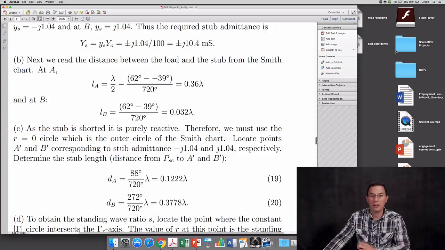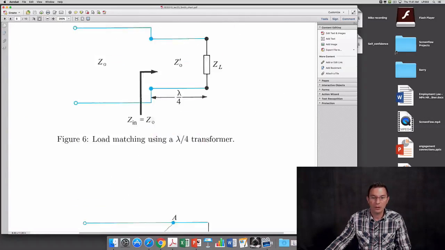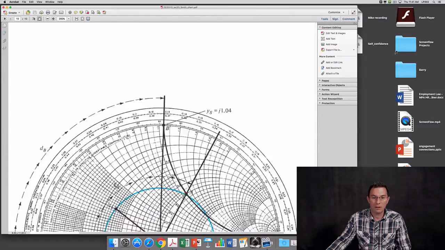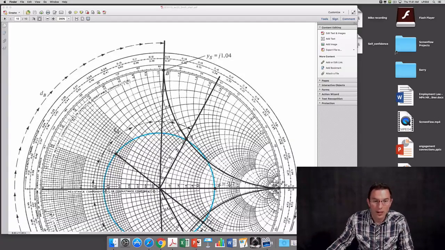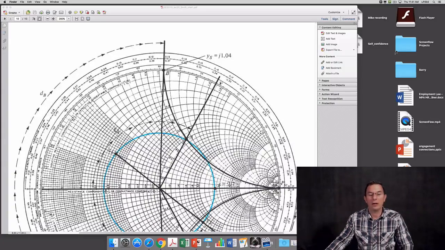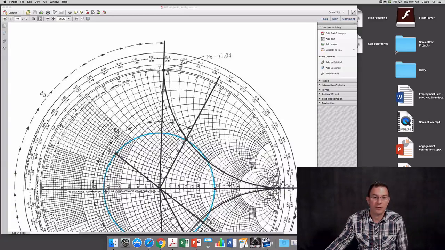Let's go back and look at point A. If we're using point A to do our match, we're going to be looking at these outer three scales on the Smith chart.